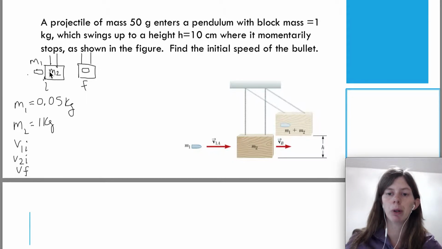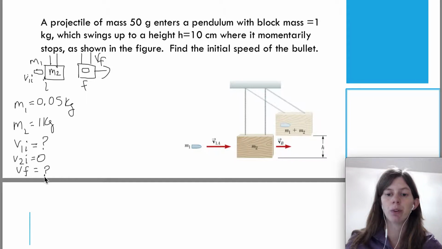We don't have to worry about the x and y directions here because the collision is just in one dimension. So V1 initial is actually what we're looking for, the initial speed of the bullet. V2 initial, the block was originally at rest right before the collision, so it's 0. Now Vf is the final speed immediately after the collision. We don't know what it is.